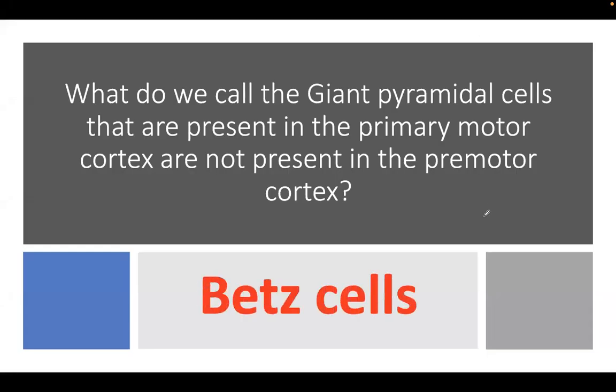Okay, very good. We call them the Betz cells. Why are these important? Because the axons, the collection of axons from the primary motor cortex, okay, these are the giant pyramidal cells. These are known as the Betz cells. Remember this, okay?